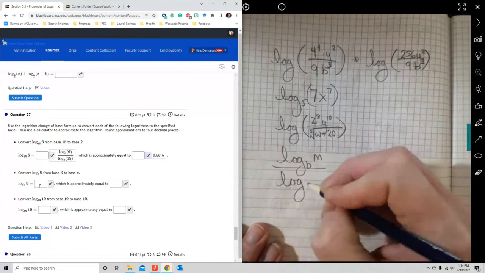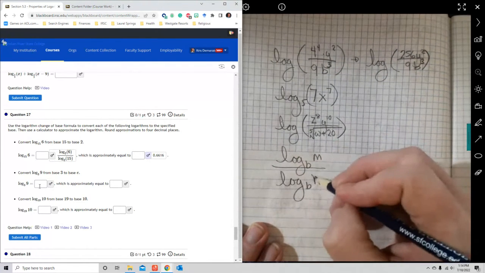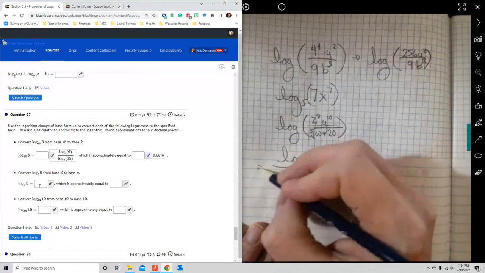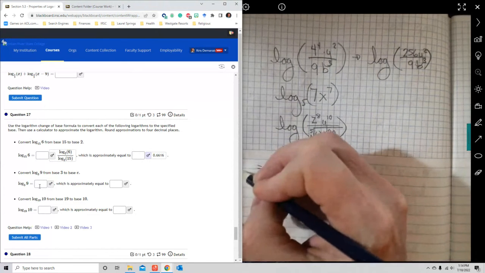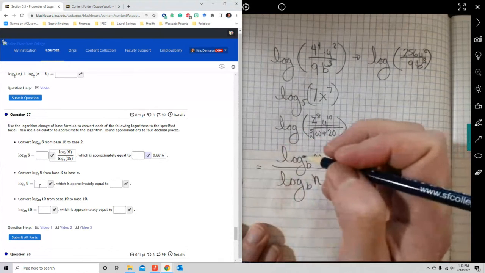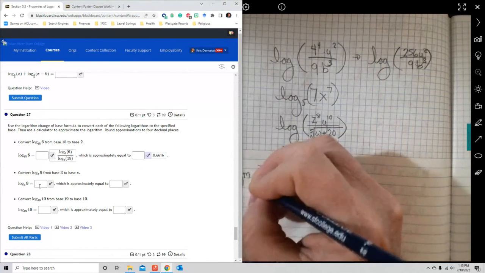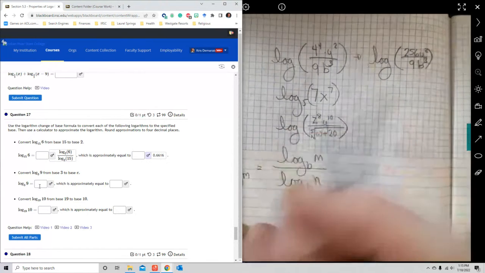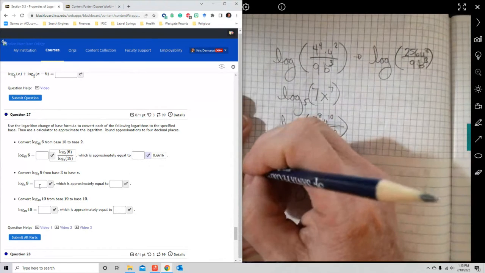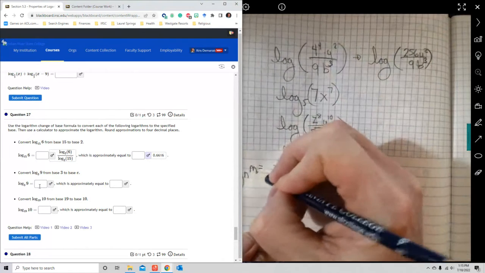I'm going to show you something here. That's an N, by the way. And they're saying that the log of N over the log of M. Put the N here, put the M here.